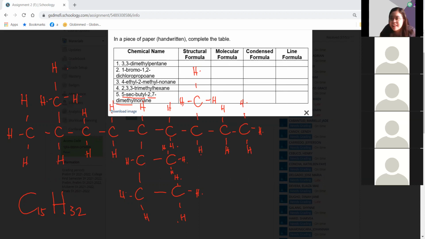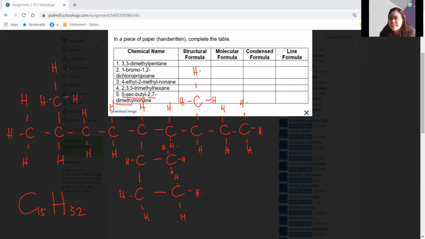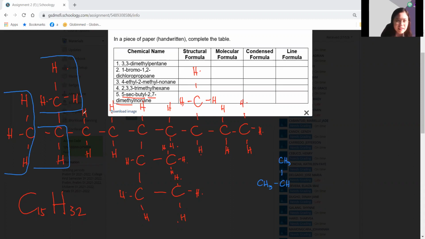Sige, let's start here. This is a CH3. Gamay na lang ang class ha, kay limited na ang space. And then this one is a CH. And then on top, we have the CH3 here. And then this is a CH2.